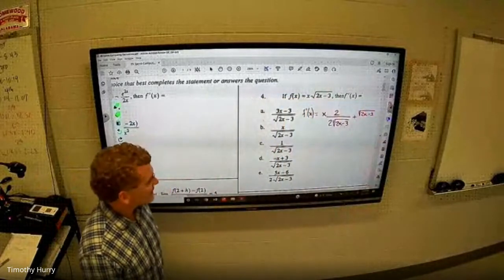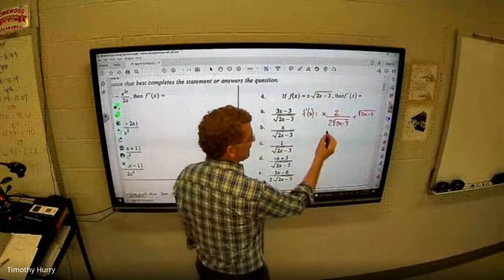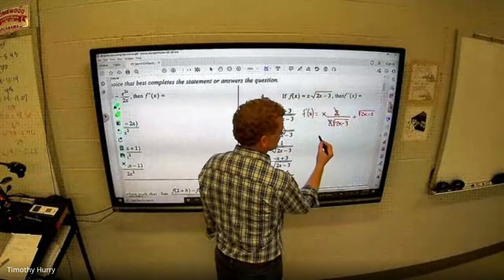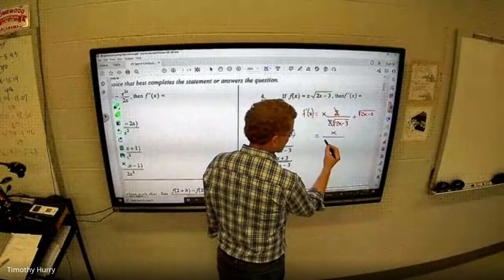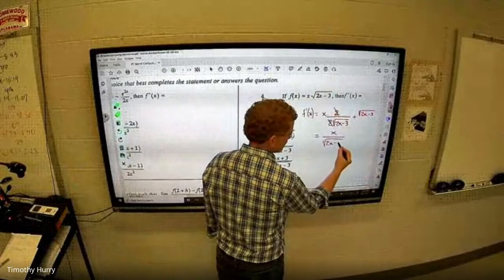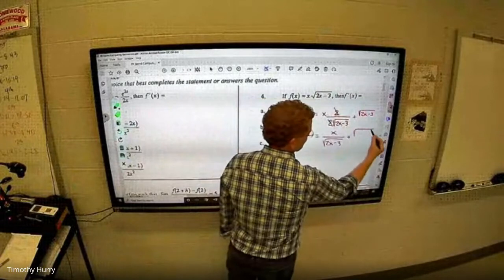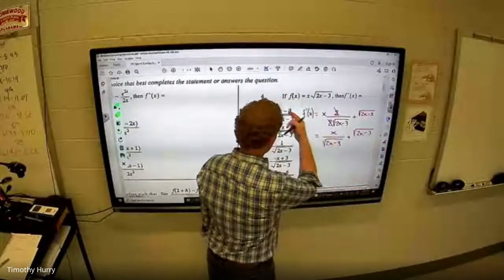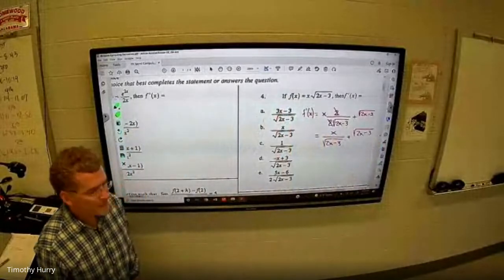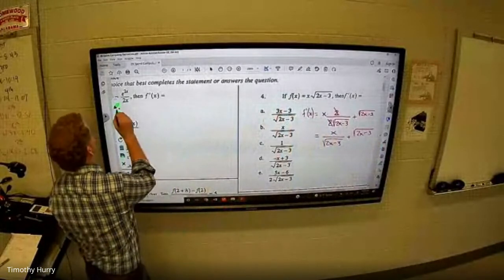Now, I get that. That's great. I can even simplify this a little bit if I want by canceling those 2's out. But what do I do here to try to get what I have here? Common denominator. So how do I find the common denominator?